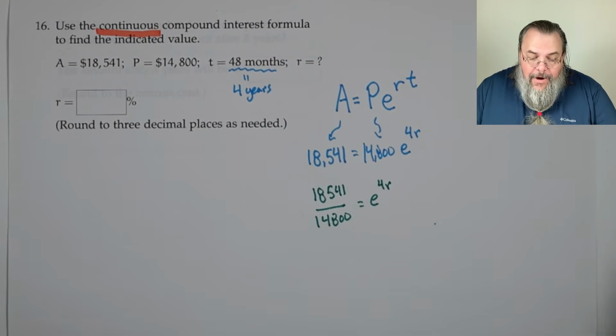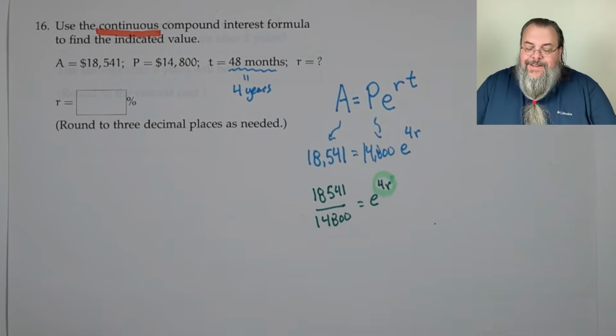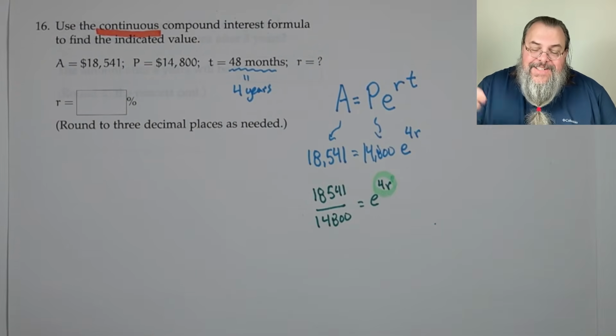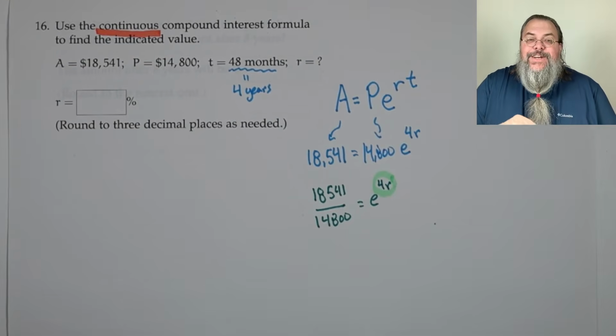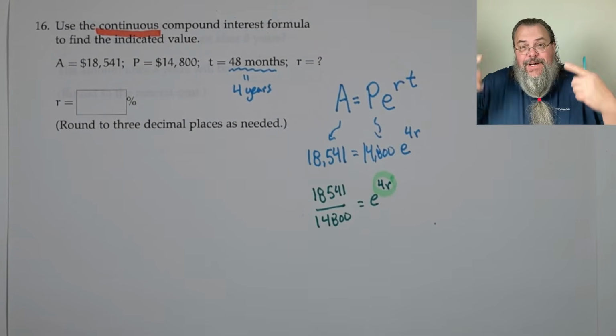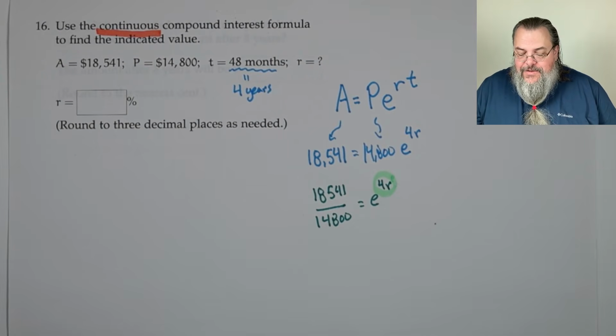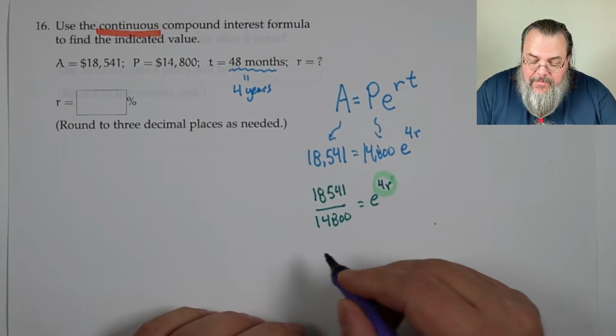We're solving for R. And where is R? It's upstairs. So how do you get it downstairs? We need to use log. If what we're solving for is upstairs, log is going to come into our answer. So we're going to take the natural log of both sides.